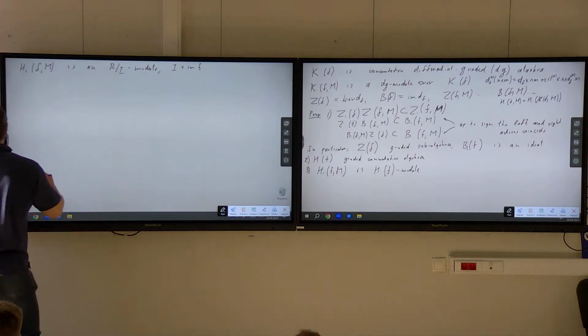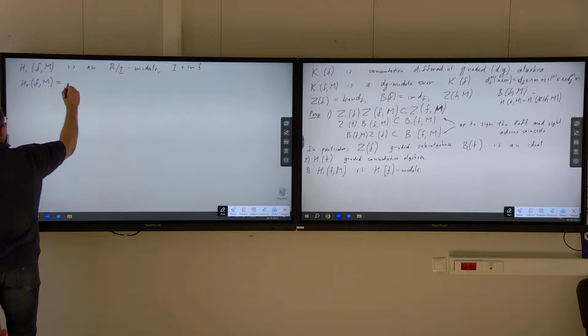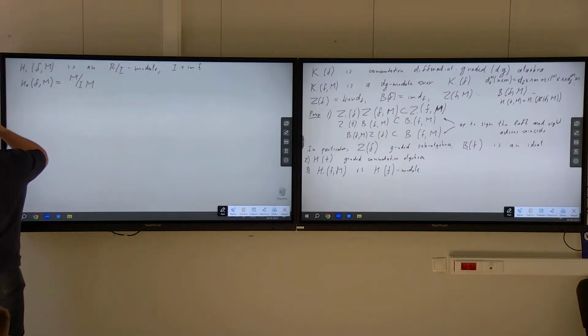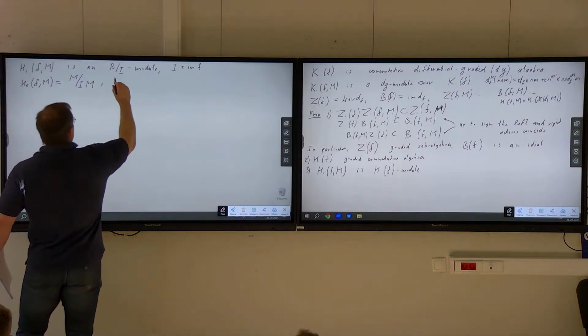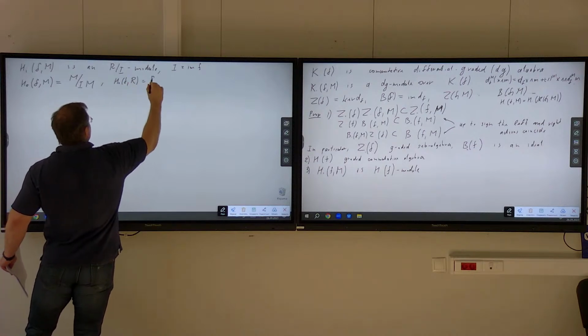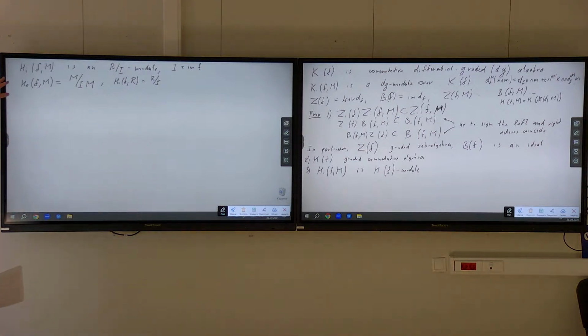In particular, even more specifically, we can even compute what the zeroth homology is. So the zeroth homology will be just the quotient of M by IM. So a special case, of course, the zeroth homology of the ring R is just the quotient of R by this ideal. But do you see why all this homology are actually R mod I modules? This means that the ideal is acting trivially on these modules.